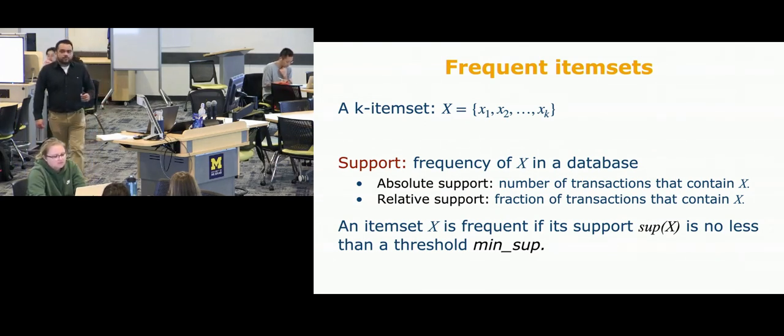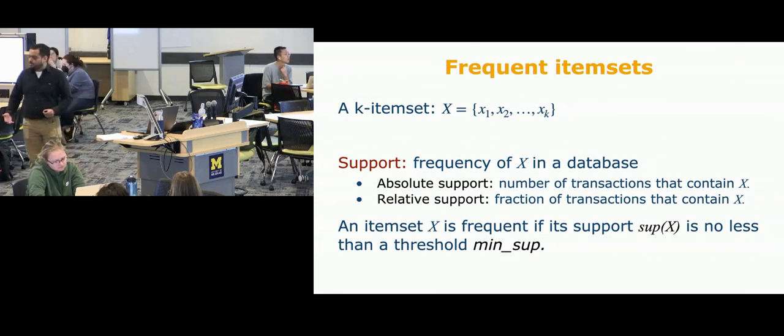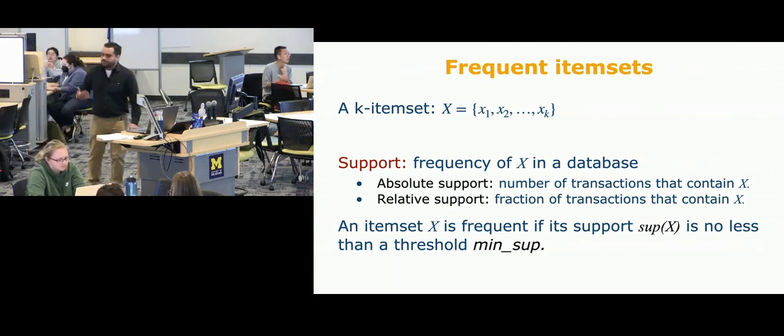For frequent item sets, we use this term support. The support of an item set is the frequency of x in the database. Support can be absolute support or relative support. Absolute support is the number of transactions that contain x.